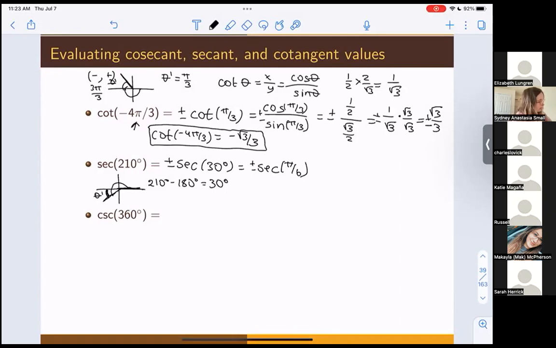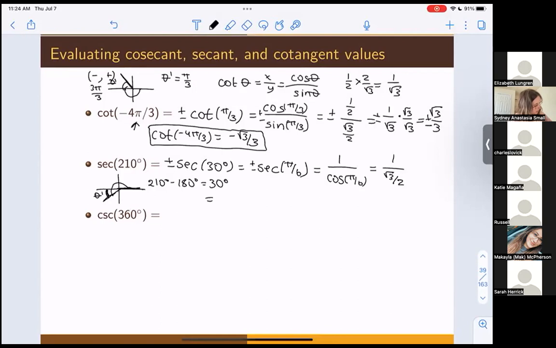From our formulas, we remember that the secant, especially on the unit circle, is 1 over x, and x is the cosine. So we can solve this by finding 1 over the cosine of pi over 6. Cosine of pi over 6 is a special value from our unit circle, and it happens to be √3 over 2.